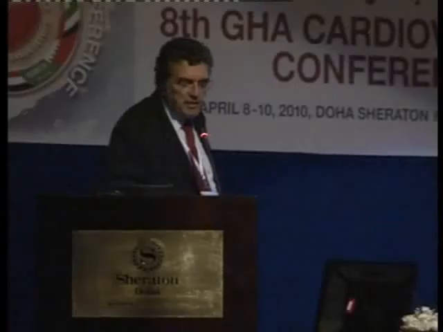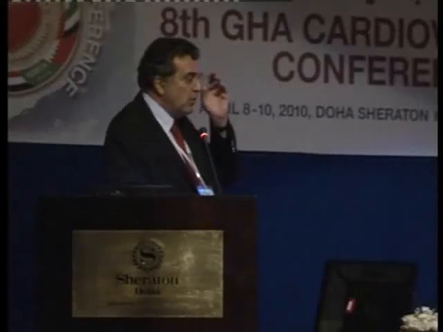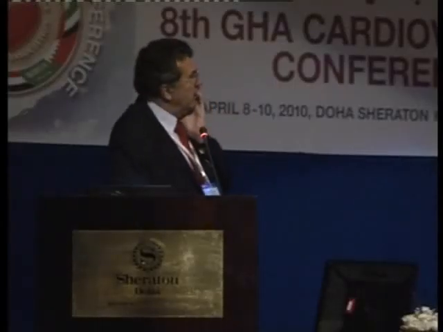Or it should be routine for any multi-vessel disease, because after the FAME trial, I think even the 2 years results, I think it's very important for multi-vessel disease. I think it's important, and we have to take into account the result of FAME trial.